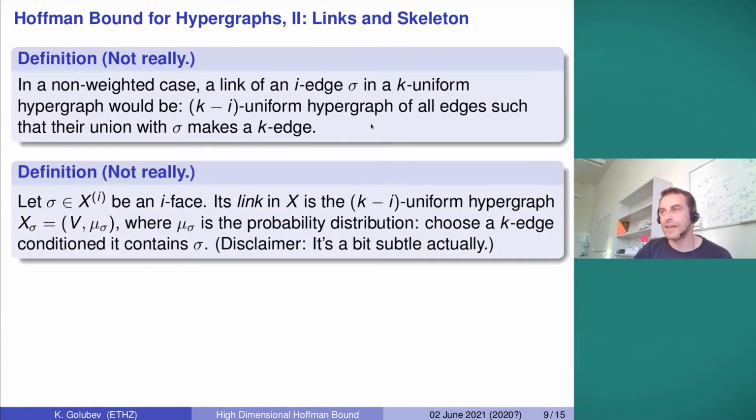So then in the measured case, one could say that this is basically the same thing. We take a k minus i uniform hypergraph, and we somehow define a probability distribution on it based on mu. It's a bit subtle, but it's basically what I said earlier about the unweighted case. You need to define the measure carefully.